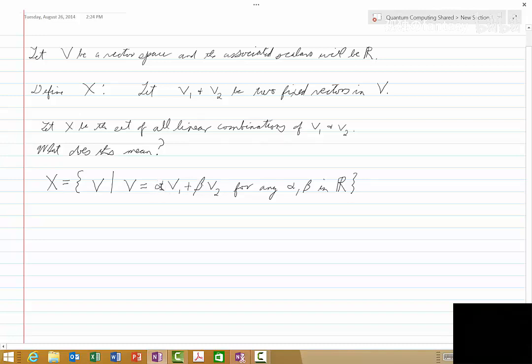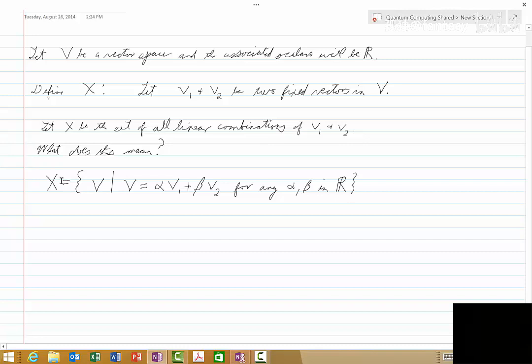Both of them can assume any real value. So obviously, if we let alpha range over the set of all real numbers, and also let beta range over the set of all real numbers, we will get a very large, in fact an infinitely large set of vectors, and that set of vectors we will call X.